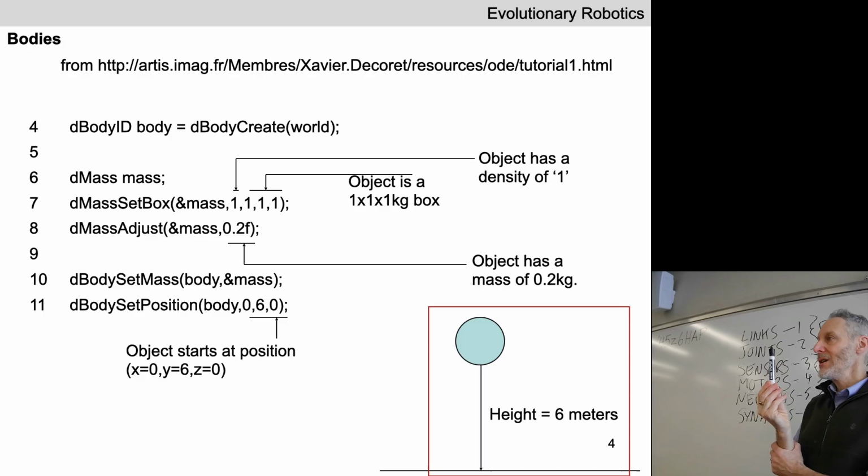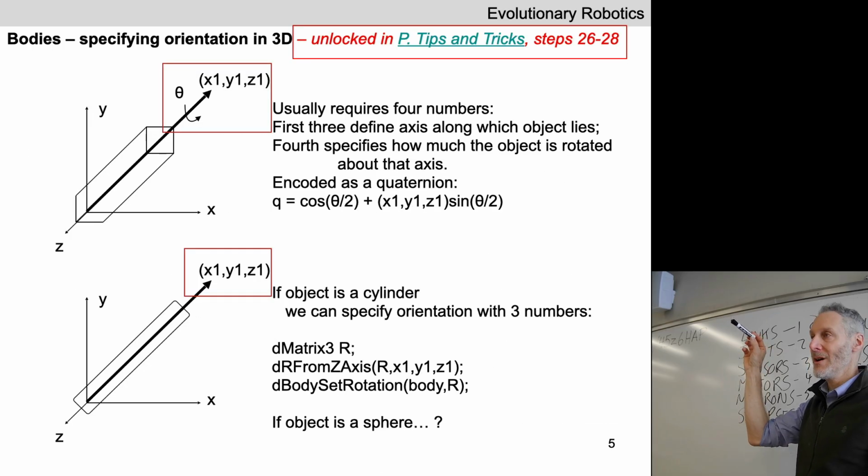But if I want to create an object that looks like this, I can place it at this position like this, or I could put it at the same position like this, like this, like this. So I need 3 more numbers. Actually, I need 4 more numbers to specify where this object sits in three-dimensional space. And it seems like an easy thing to do, but it can get a little confusing pretty quickly.